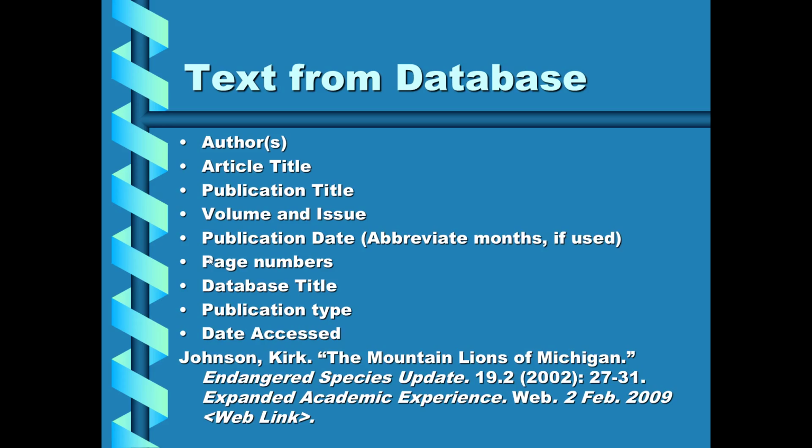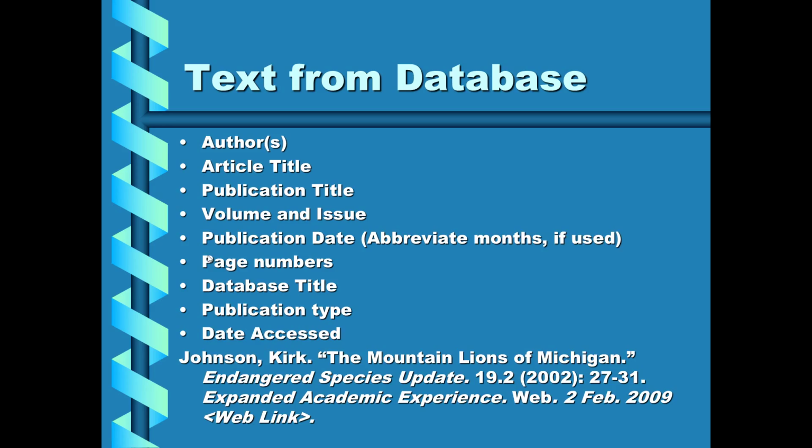Now, notice that up through the page numbers, the formatting of the citation is exactly as it would be for a normal journal. It's just after that you need to put some more information.